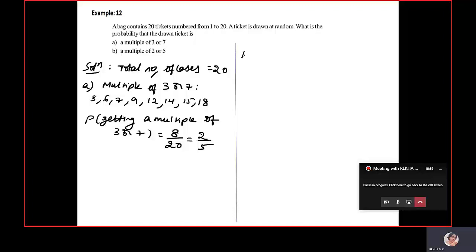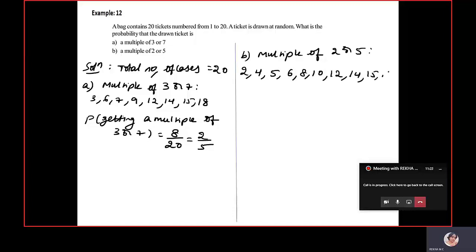Subquestion B, multiple of 2 or 5. We'll be getting 2, 4, 5, 6, 8, 10, 12, 14, 15, 16, 18, 20.